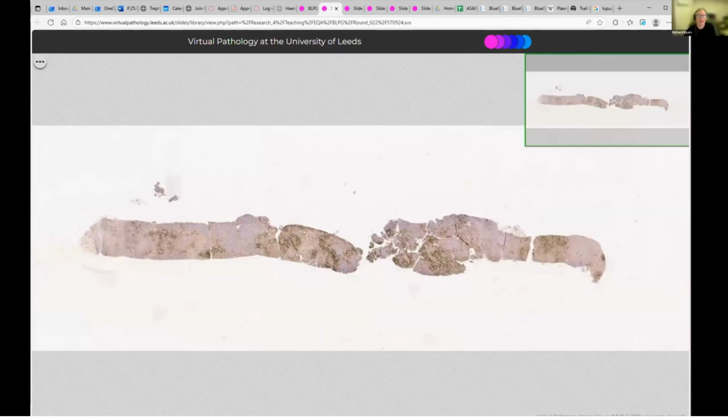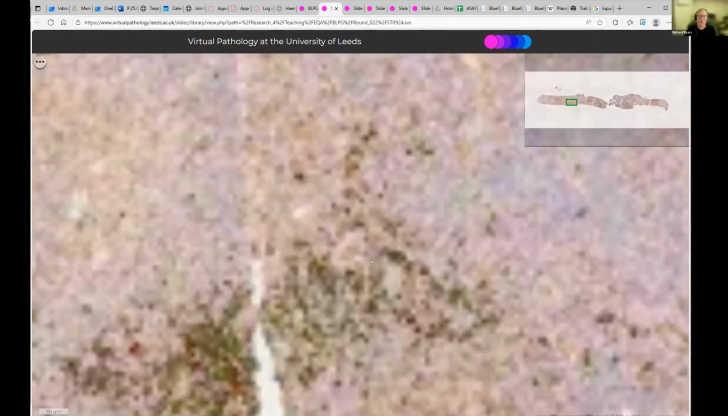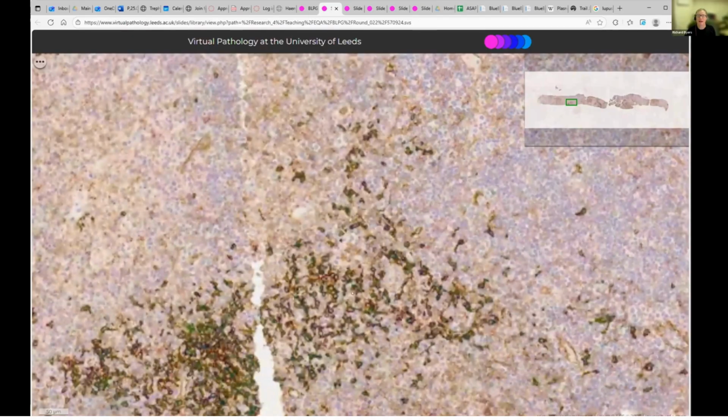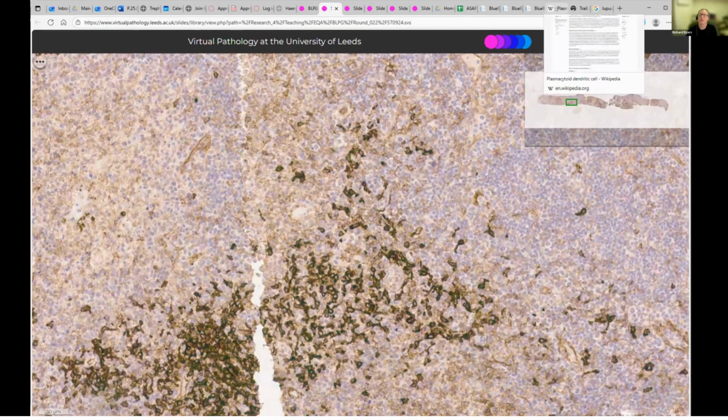Now CD123, this is a useful marker, and this is expressed in plasmacytoid dendritic cells.